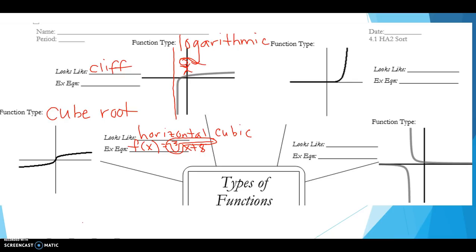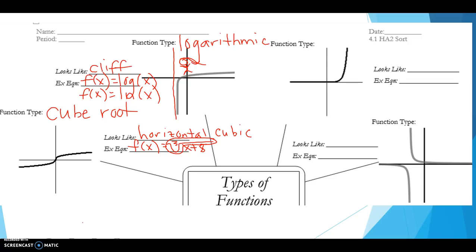So an example equation of logarithmic is it will have the actual word log in it. Also, sometimes it'll look like this, ln x, which stands for natural log. So how you get those in the calculator is if you look in the first column of your calculator, you will see those two buttons towards the bottom. So you just press the button.